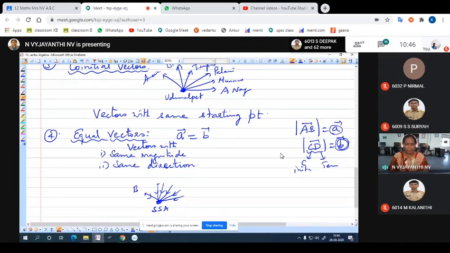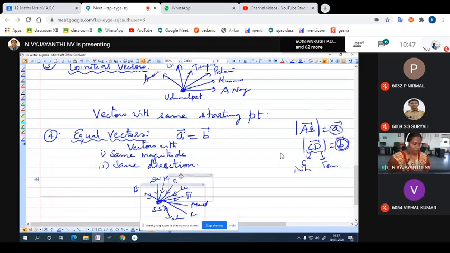Some may be from Bihar, some from Delhi, Himachal, Tirupur, Erode, Tirunelveli, Madurai, Kanyakumari, Chennai. All together they reach SSA, so it is called co-terminal vectors.